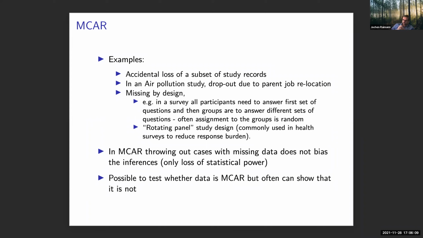So in the perfect setting for MCAR, you will exclude an entire case without creating any bias. So it is to some extent possible to test with the available data, but in many cases it's not MCAR.